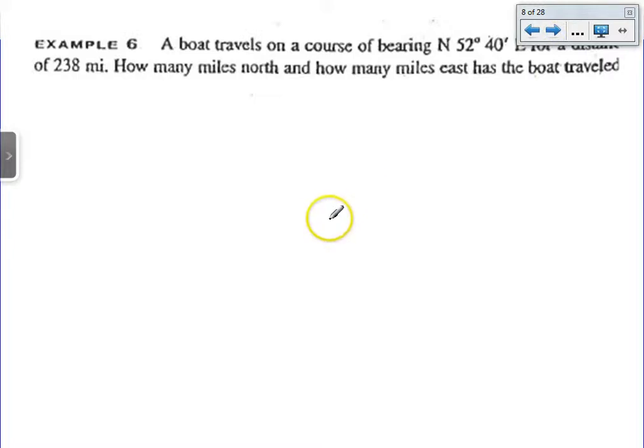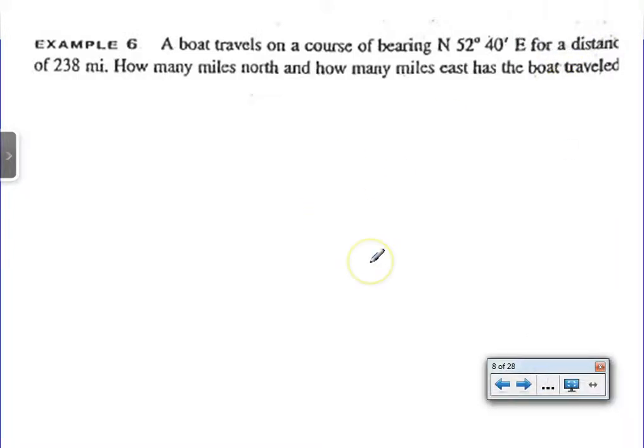Okay, a boat is traveling on a course of bearing 52 degrees 40 minutes east, north of east, for a distance of 238 miles. How many miles north and how many miles east has the boat traveled? So, first thing I want you to do is, here's your boat, starting point. And since that's our starting point, I'm going to kind of draw in a little axis.